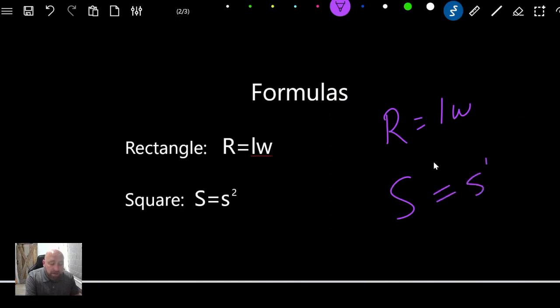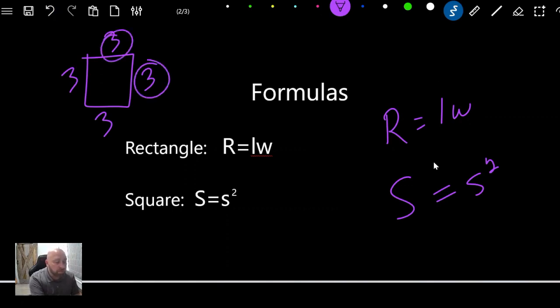Okay. Now, with squares, you've got to remember that all the sides are the same. So if this is 3, and this is 3, and this is 3, and this is 3, we could plug it into length and width. We could say 3 times 3. Or we can plug it into this one where we just take the side, since they're all the same, and square it.